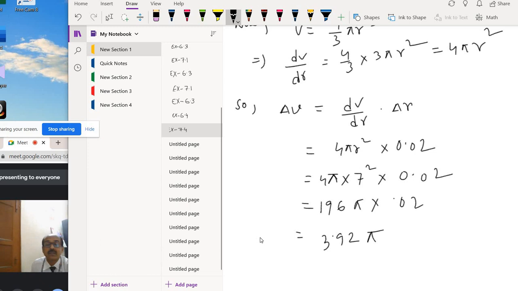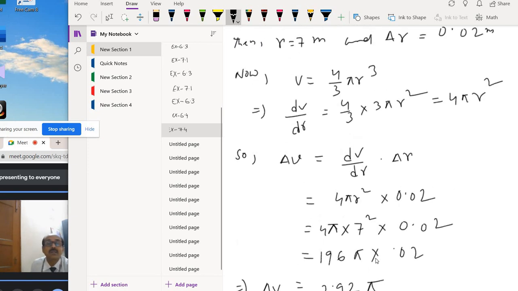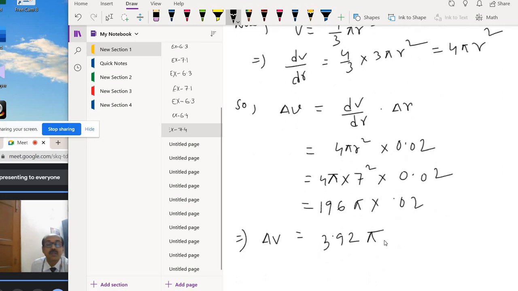Okay, this is delta V. Now its unit: it is 7 meters, so meter cube. So the approximate error in calculating its volume is 3.92 pi meter cube. This is the answer.